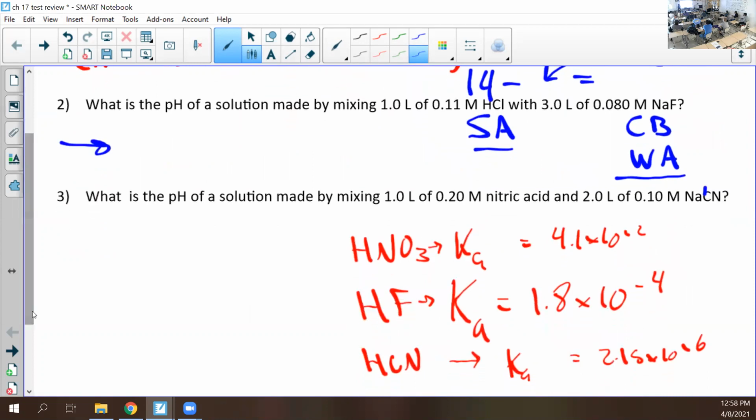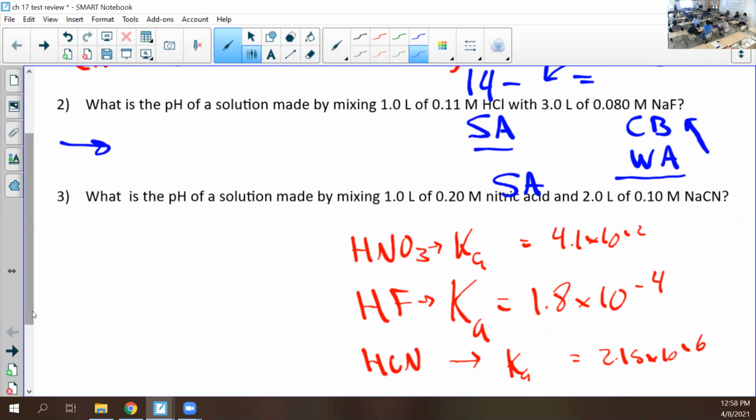The pH made by mixing nitric acid, this is a strong acid, and NaCN. We've never done one exactly like this, but it doesn't really matter. I guess we have, it's just like this one. So we look, and I have 1 of 0.2, 2 of 0.1.